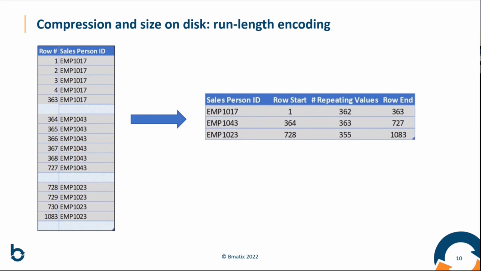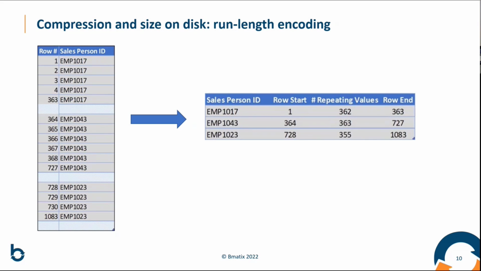Taking the first example, we have 363 rows with employee 1017. It's then going to construct a smaller, more summarized table where it stores the actual column value, so the employee number here, and it's going to record the row start and the row end values, as well as how many repeating values there are.